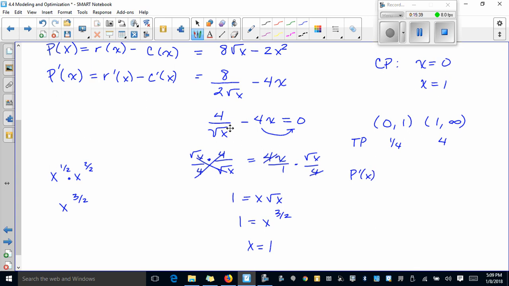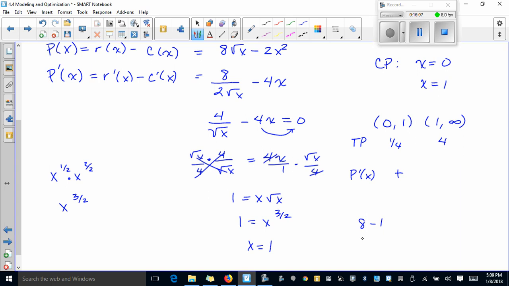If I put 4 in over here, square root of 4 is 2. 4 over 2 is going to give me 2 minus, and 4 times 4 is going to give me 16. So I'm going to get a nice little negative value here. So I am maximizing at 1,000. Now, this is not just x equals 1,000. I'm sorry, 1. This is x equals 1,000 units.